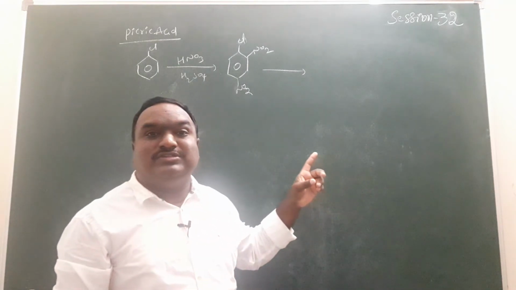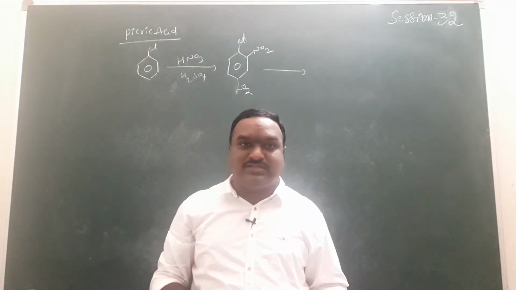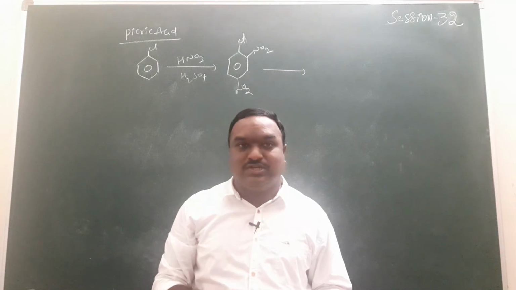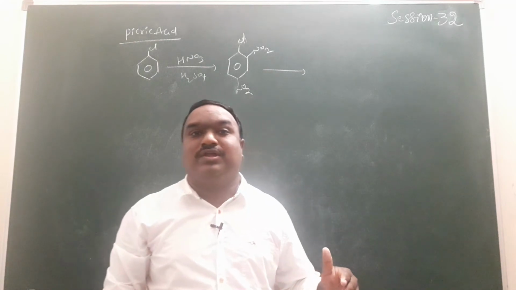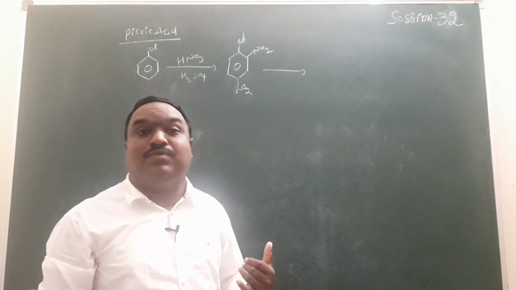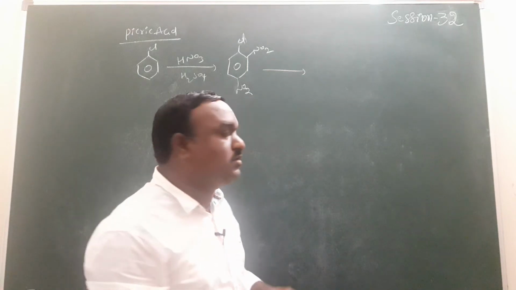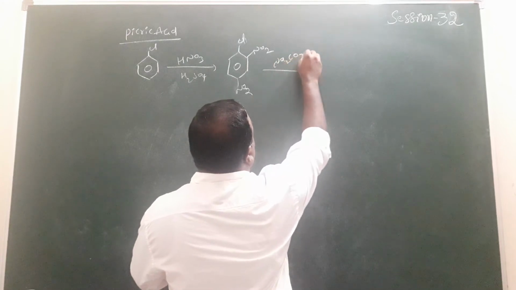The given compound carries how many electron withdrawing groups? 2. As the number of withdrawing groups on the aromatic ring increases, the reactivity increases. Due to the two withdrawing groups, the reactivity increases compared to plain chlorobenzene.